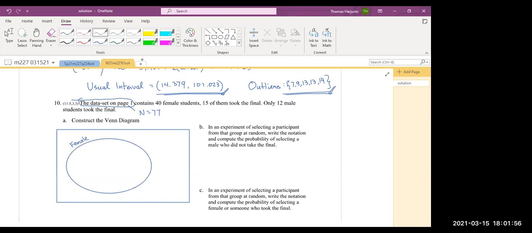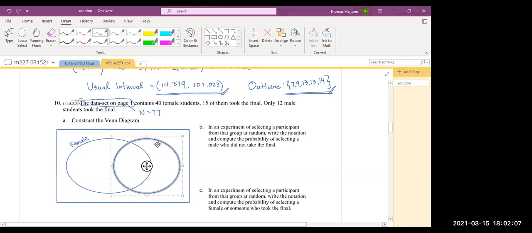The other group is those who take the final. There are 40 female students, and 15 of them took the final.